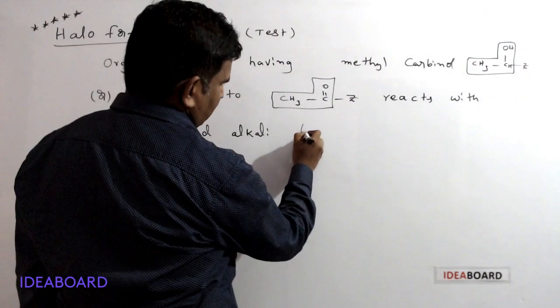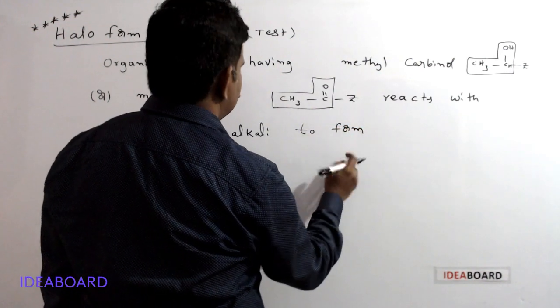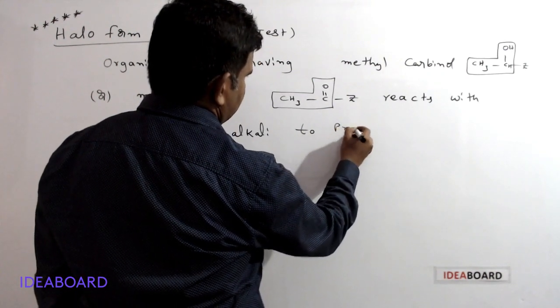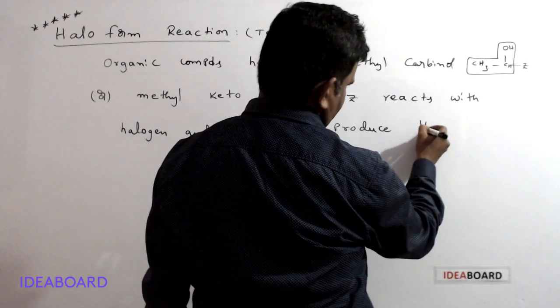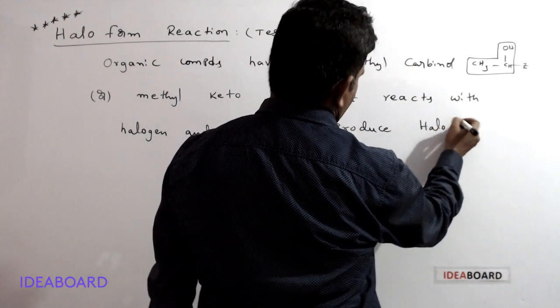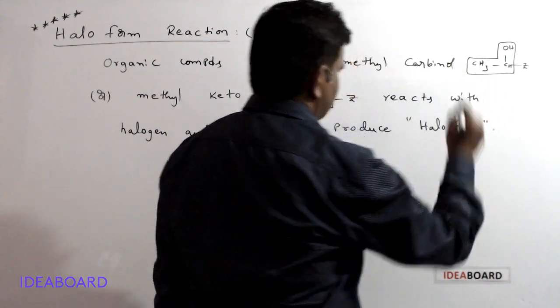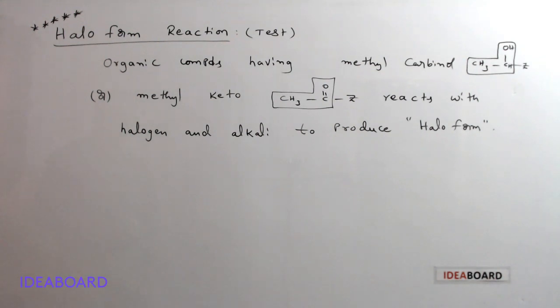Halogen and alkali react to produce haloform. Producing haloform is called the haloform reaction or haloform test.